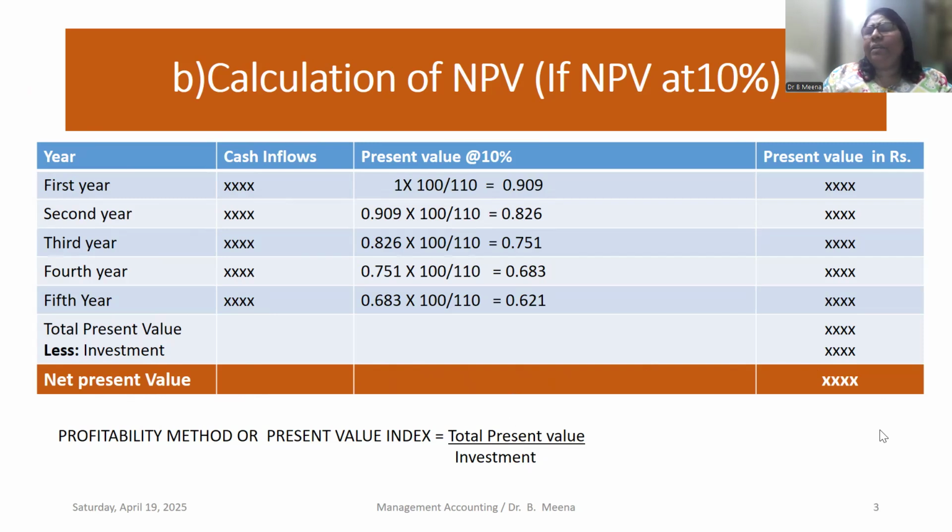No need of calculating net present value. For the profitability index method, just take the total present value divided by investment. So total present value divided by investment is the formula to calculate the present value index, otherwise called the profitability index.